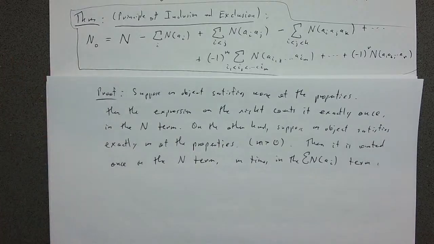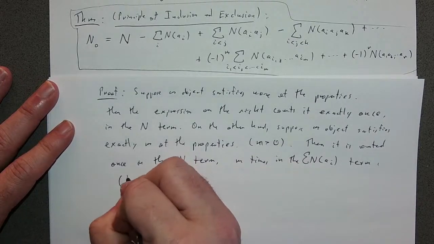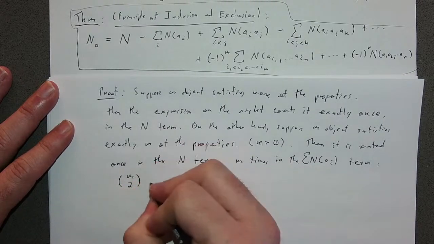So how many ways can I choose 2 properties from m properties? Well, m choose 2.